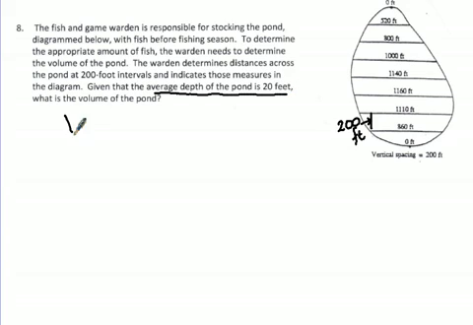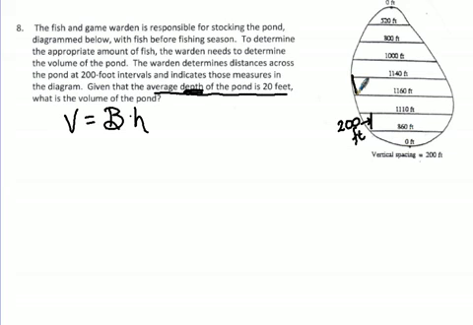Well, hopefully you remember from geometry that volume is equal to the area of the base times the height. The height in this case is going to be that depth of 20 feet. We just need to find the area of the base, or in other words, the area of the top layer of the pond. Well, with these measurements that we have, we can use trapezoids to find that area.